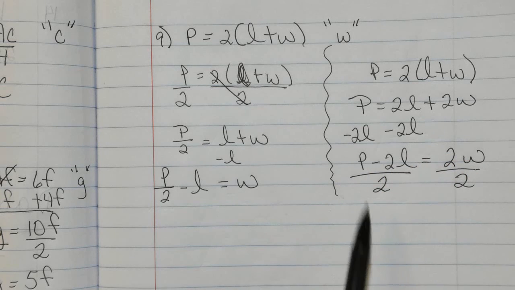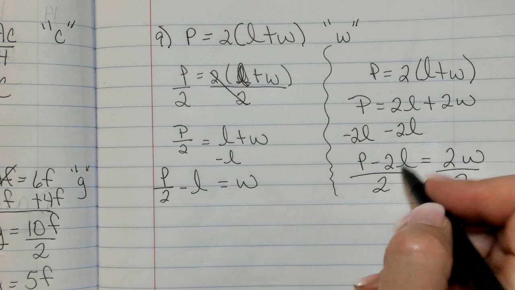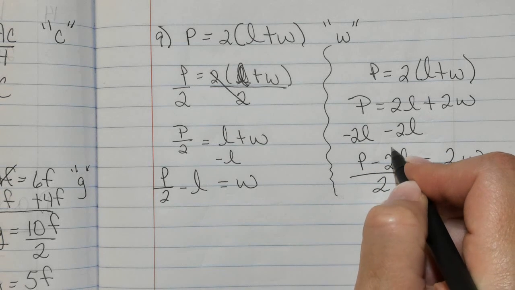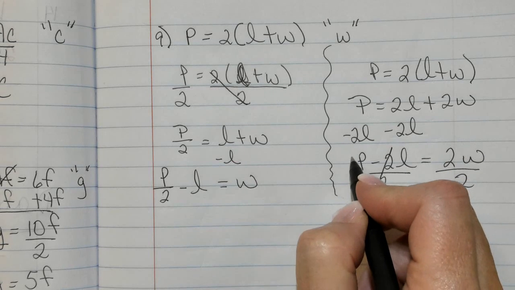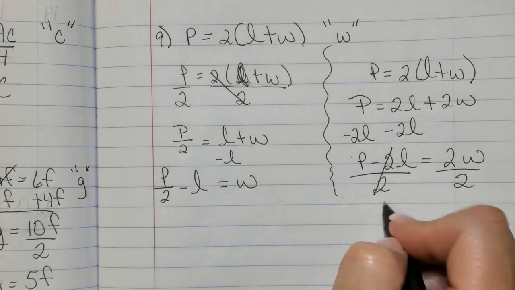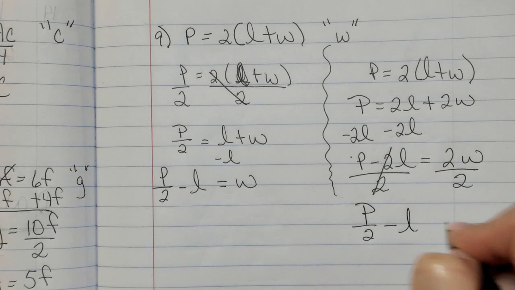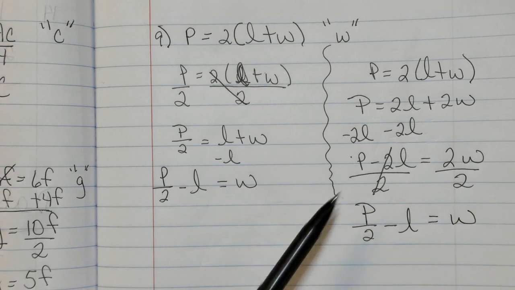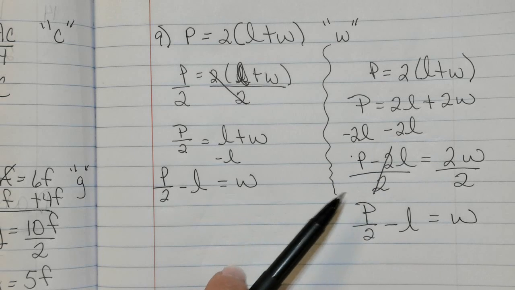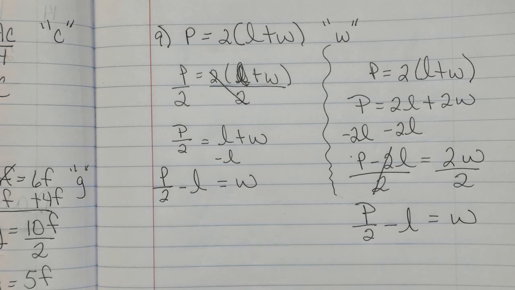And then here you're going to see, we're going to come out to the same thing, because see how these 2's cancel? But there's still P being divided by 2 equals W.